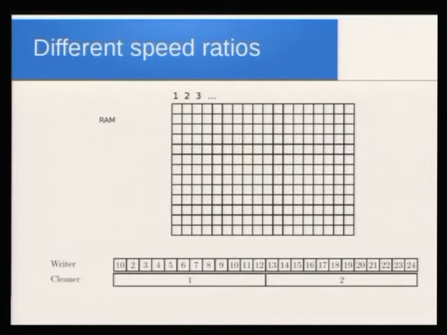And this is an example to illustrate a slower cleaner, a slower network bandwidth. So cleaner is 12, I guess. Let's see, 1, 2, 3, 4, 5, 6, 7, 8, 9, 11, 12 or 13. I don't know, I lost count somewhere here. But the network is slower, so you can clean fewer pages.